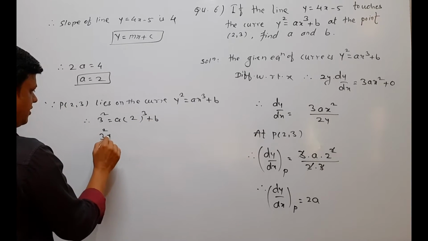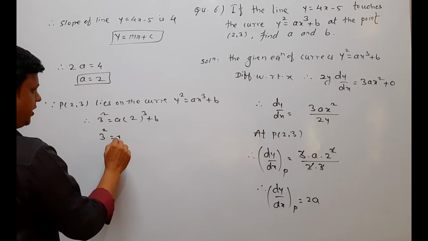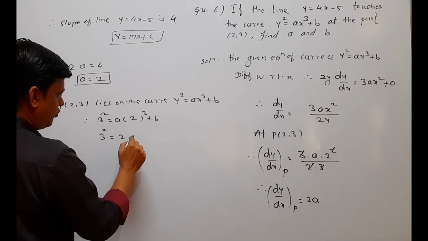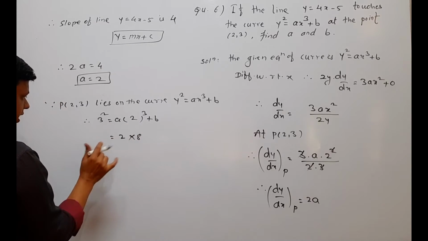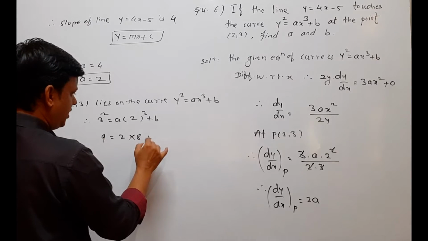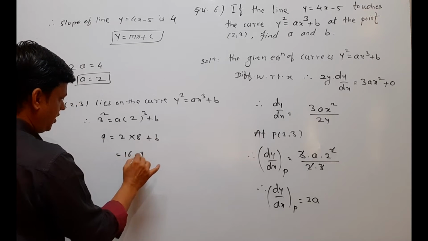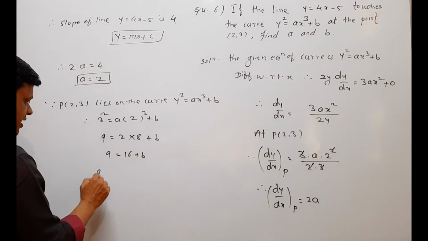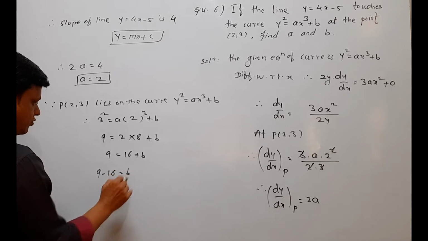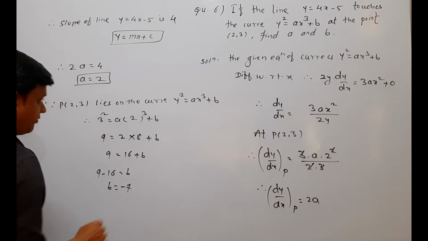So 3 square is equal to, we replace the value of a by 2, so we get here 2 into 2 cube, 2 cube is 8, or you can write here 3 square also direct, that is 9 plus b. So we get here 8 to the 16 plus b. So we transfer this 16 to left hand side, we get here 9 minus 16 is equals to b. That means b is equals to, here we get minus 7.